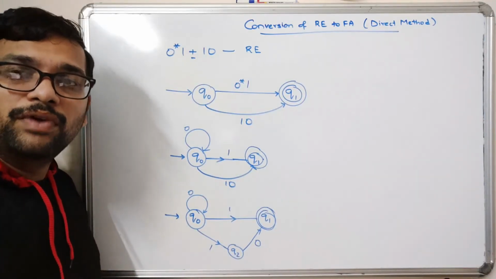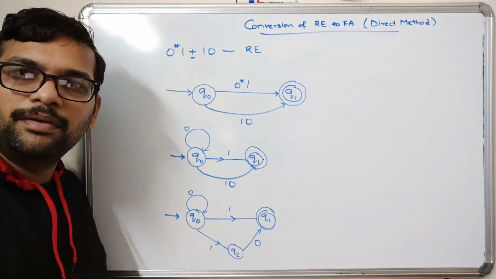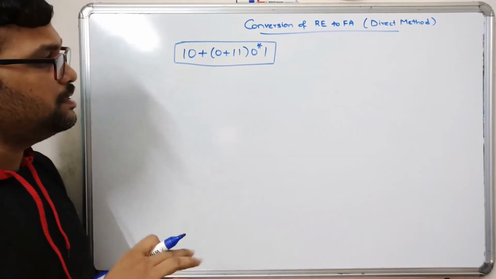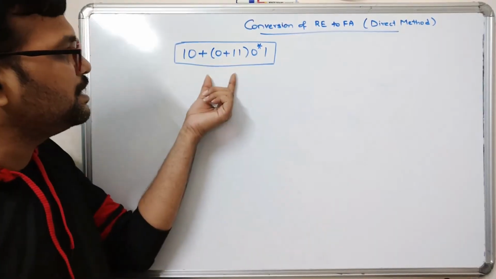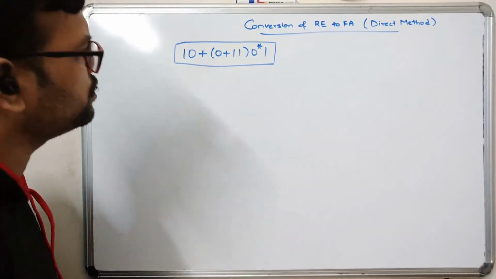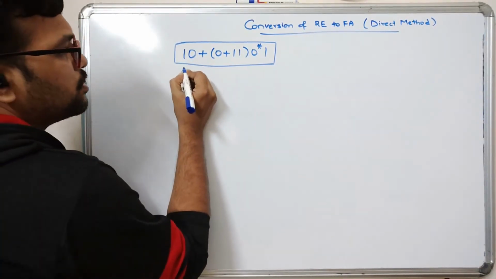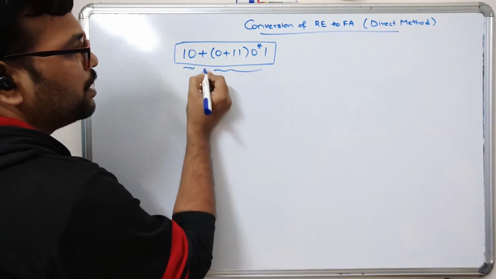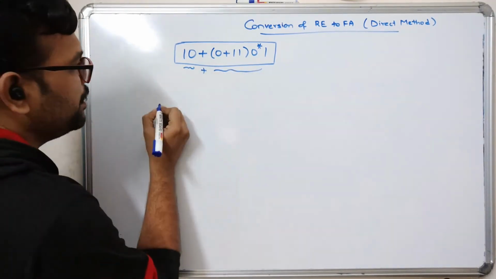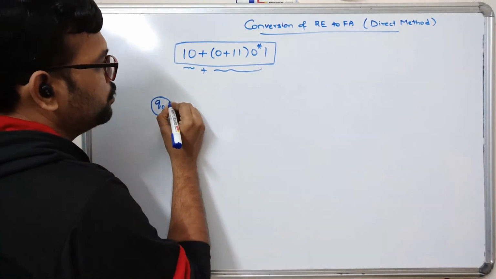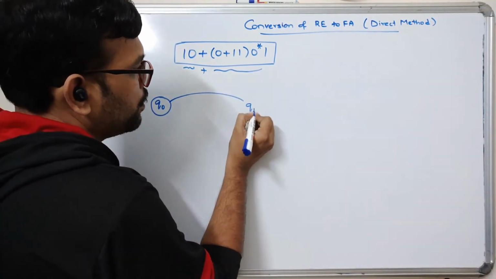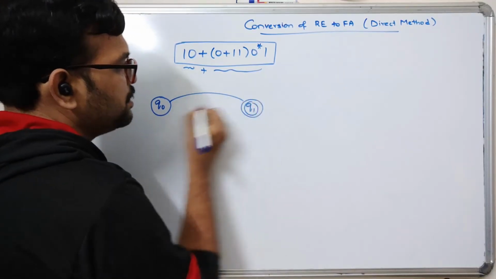Right? So we'll go with another example. This is the next example. We need to find the finite automata for this given regular expression, and here also, see, this will be one part and this is another part, and you can use concatenation. So you start with Q0, and from Q0 it moves to Q1, which will be the final state.